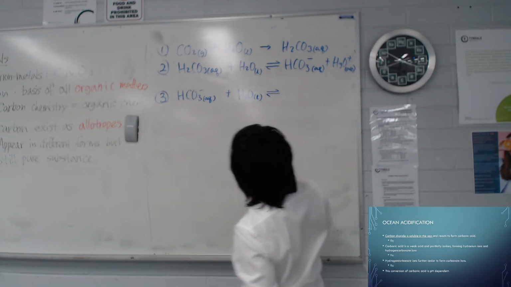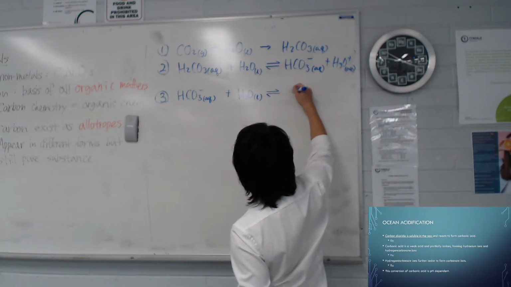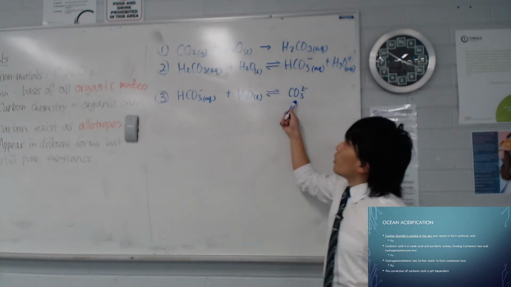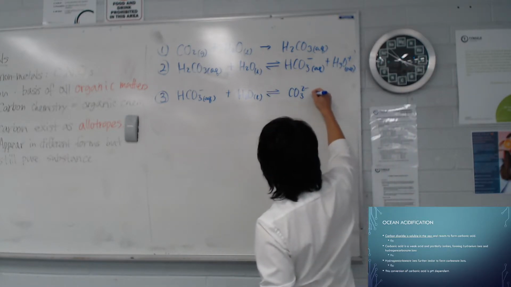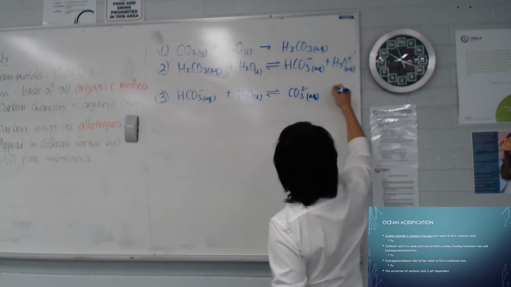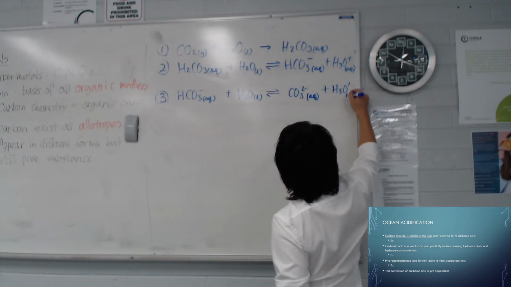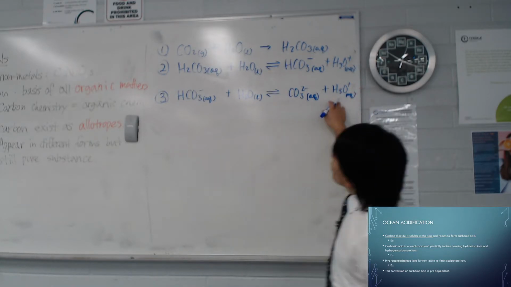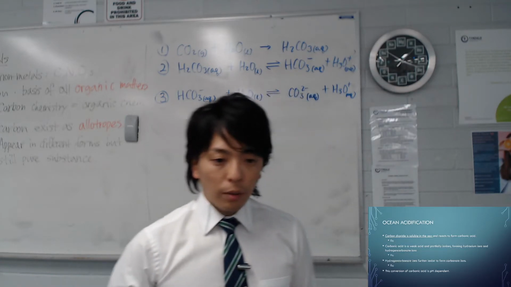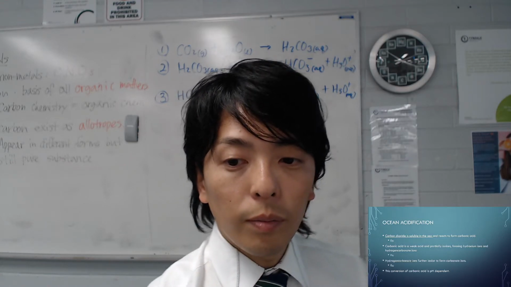Actually, you are told to make hydronium ion, so you actually need a water molecule there too. One of the ions that comes out is carbonate, CO3 2-. So a hydronium ion and a carbonate ion are the products that you would expect. And then the next one is on the next slide.